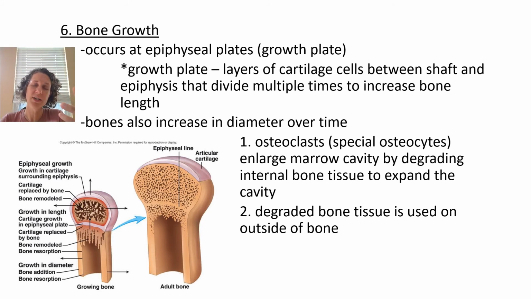Then that degraded bone tissue is transferred to the outside of the bone to make it wider on the outside. And so this is where you see bones getting thicker. It is a bone strengthening technique, I guess is not the best word, but your bones get stronger by getting a little thicker.